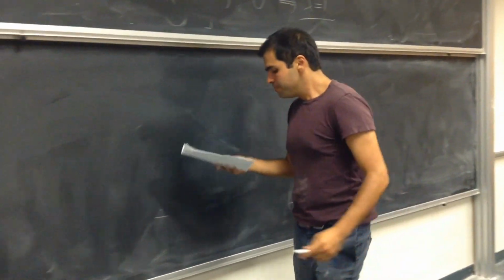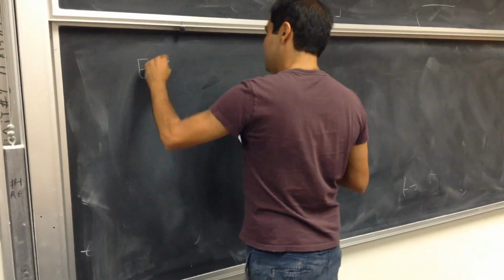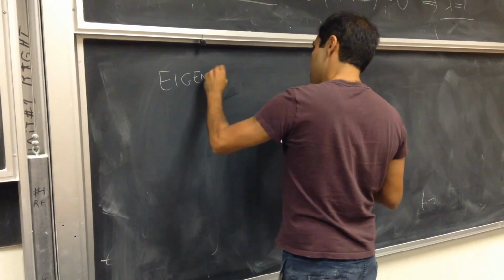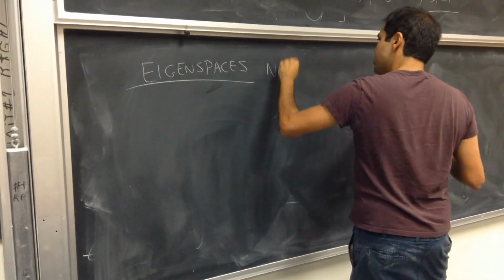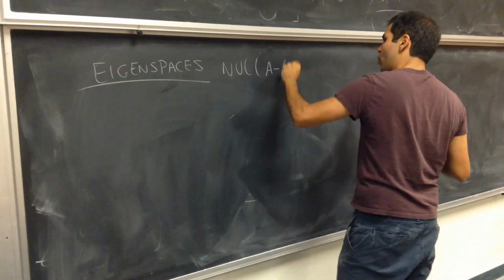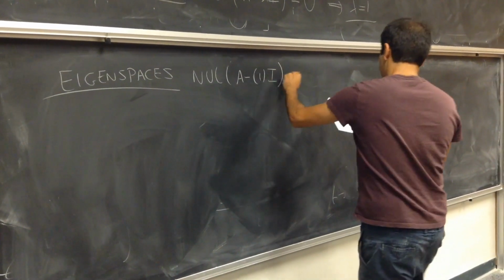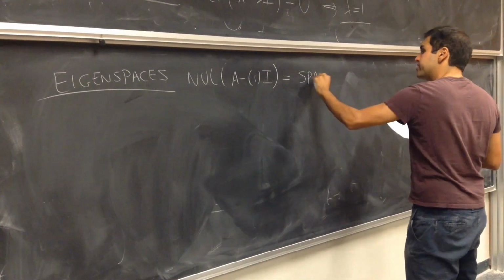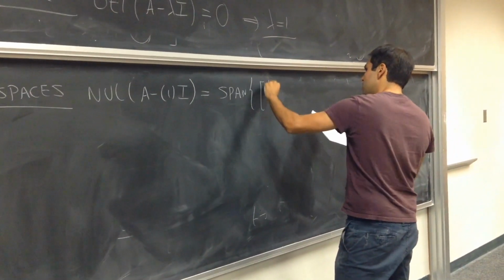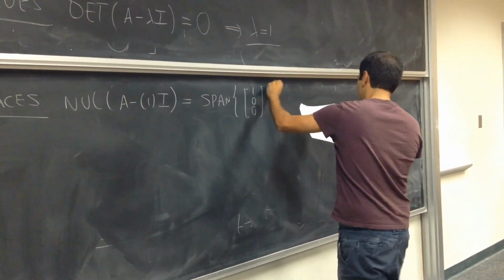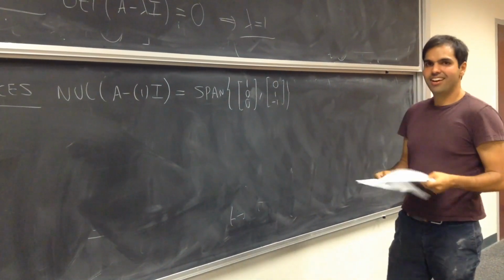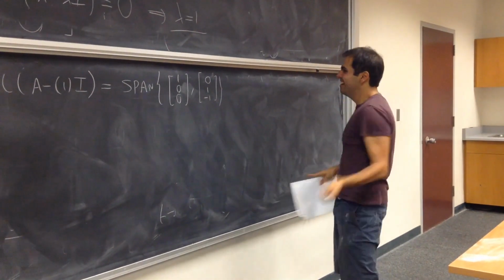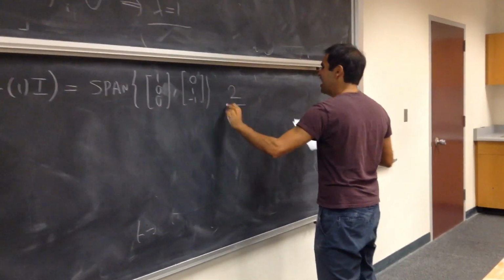But let's see. Let's find the eigenspaces. So null space of A minus 1I. If you do this, let's say you get the span of 1, 0, 0 and 0, 1, minus 1. Oh no! We only have 2 eigenvectors.